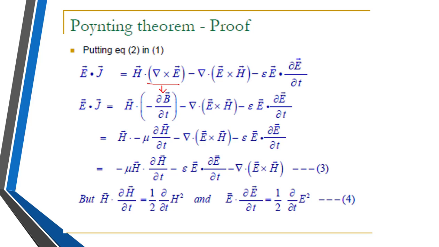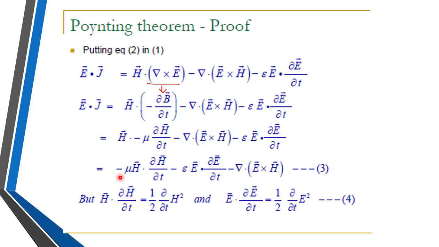Now we put B bar in terms of H bar, because we need all terms in terms of either E bar or H bar. So let us put B bar as mu times H bar. Then this changes to H bar dot minus mu dou H bar by dou t minus del dot E bar cross H bar minus epsilon E bar dot dou E by dou t.